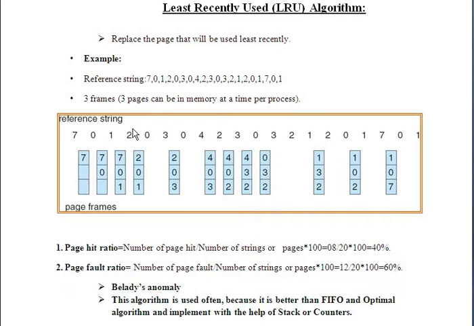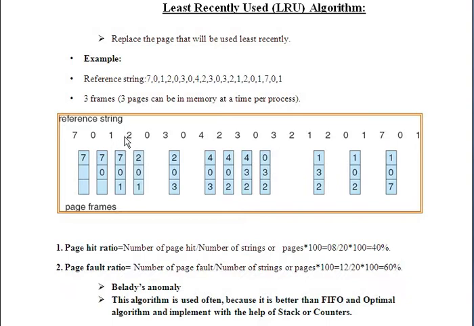Now the problem starts. 2 has to be accommodated in my frames. With 7 0 1, which is the least recently used?